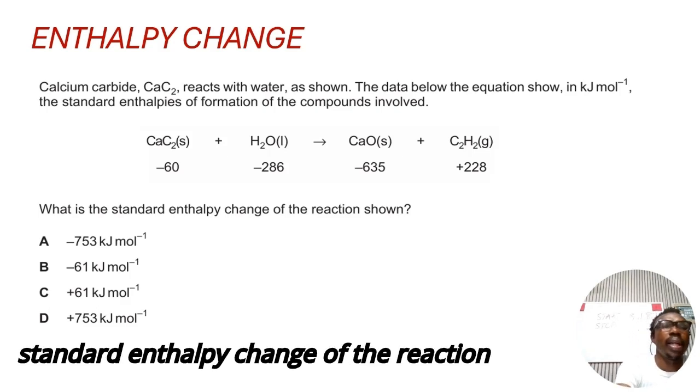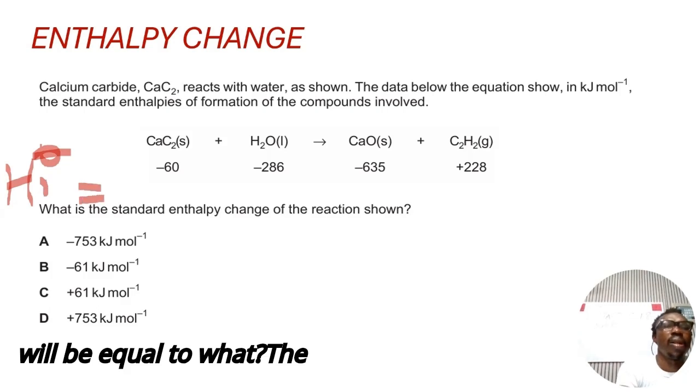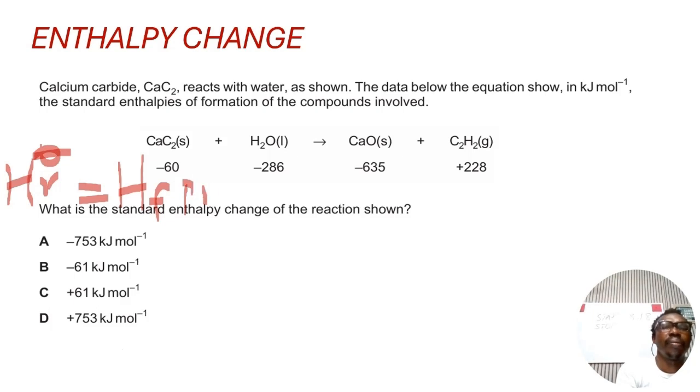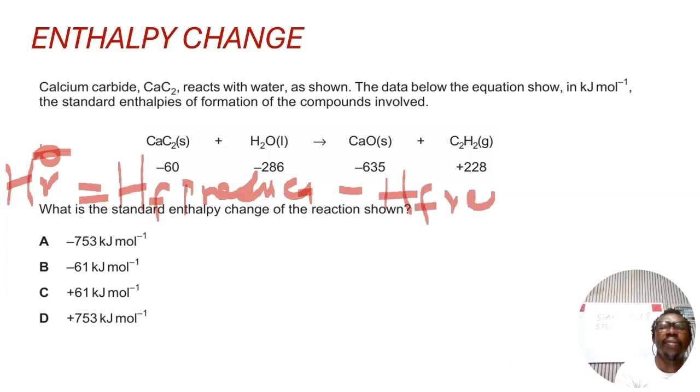So to calculate the standard enthalpy change of the reaction, it will be equal to what? The enthalpy change of formation of the products minus the enthalpy change of formation of the reactants.